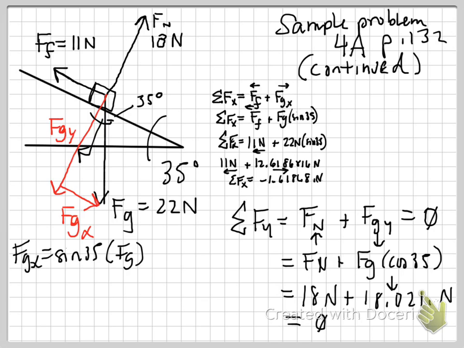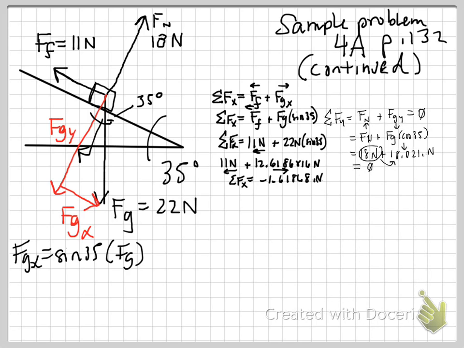In reality, what they've done is used bad sig figs here. And we know that the normal force on the book is identical to whatever the force of gravity on the y-axis is. So, using their sort of sloppy math, we now can say that we know the net force on the book.